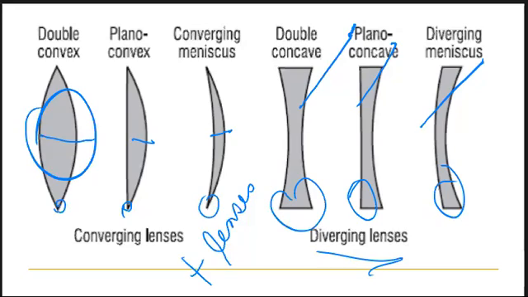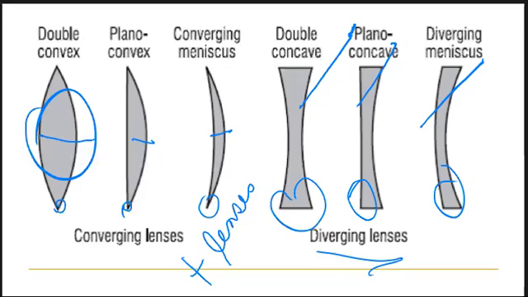Now, just like spherical mirrors, lenses are also characterized by a number known as the focal length. If you allow an optometrist to check the condition of your eyes, the optometrist will give you a value like positive 1.75, negative 1.75.